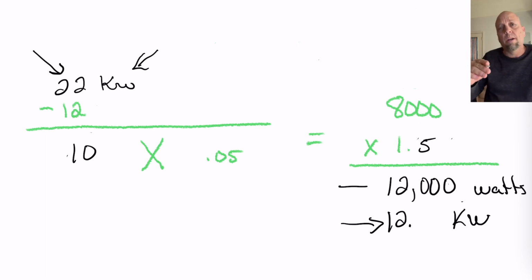So you can go through there, and after 12 you can do a 13 kW range, and a 14 kW range, and a 15 kW range, and then figure out what the actual load is on it.